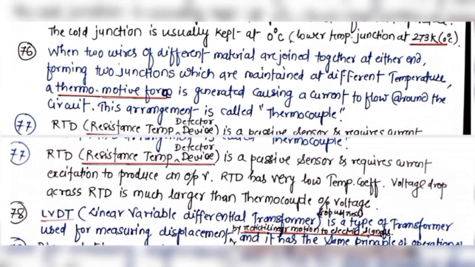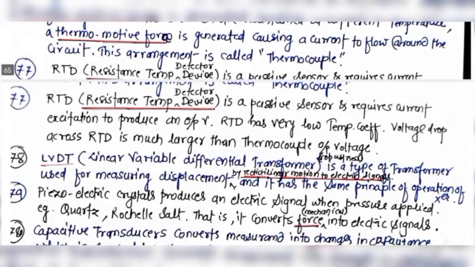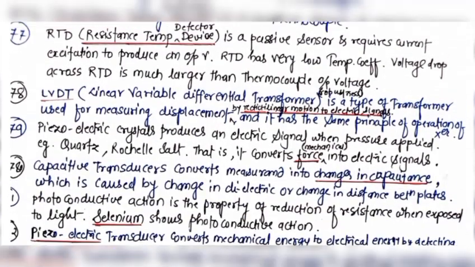When two wires of different materials are joined together at either end, forming two junctions which are maintained at different temperatures, a thermo-electromotive force is generated, causing a current to flow around the circuit. This arrangement is called a thermocouple.